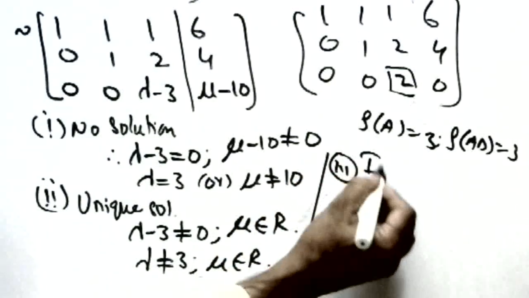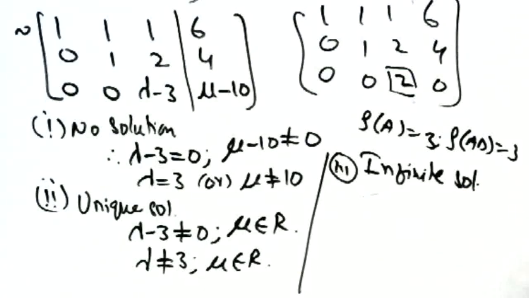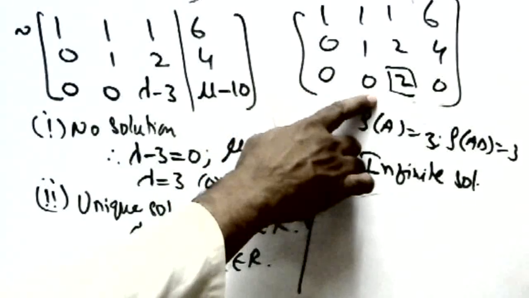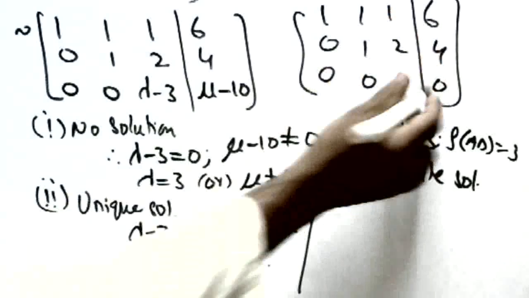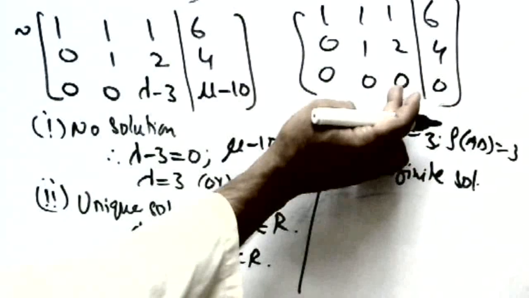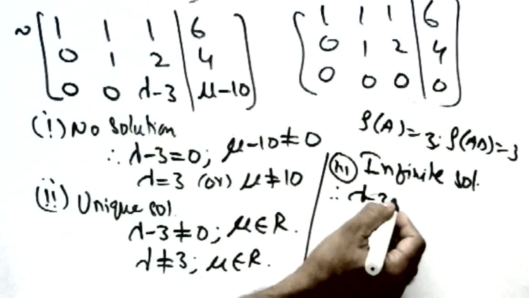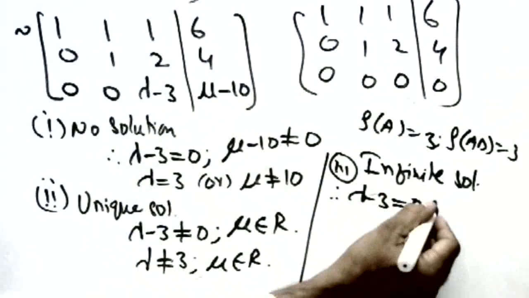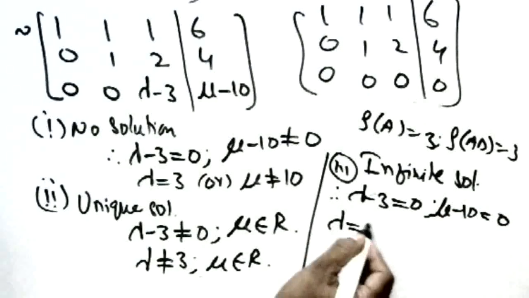The last condition is infinite solutions. For infinite solution, the rank of A should be 2 and the rank of AD should be 2. For that we must have both zeros. Therefore lambda minus 3 should be equal to 0, and mu minus 10 should be equal to 0.